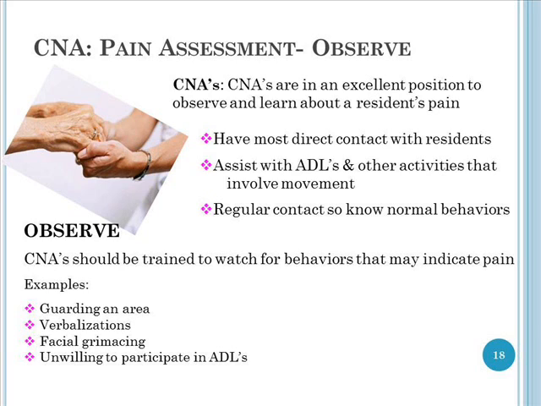Grimacing is a key indicator, and really watching faces for expressions that help us to recognize possible pain is very important. Changes in behaviors play a key role in identifying pain problems in those with dementia who can't communicate.